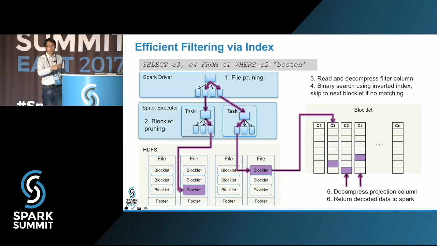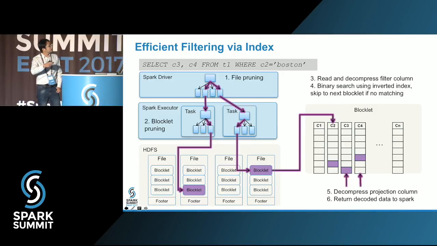On the executor side, we run the scanner in Carbondata. In the scanner, we are not trying to scan all the data in the file. Instead, we use the file level index to further prune the blocklets. Suppose only one of the blocklets is hit in each task. Then the scanner will open this blocklet and read C2, which is the filter column, into memory and decompress it.